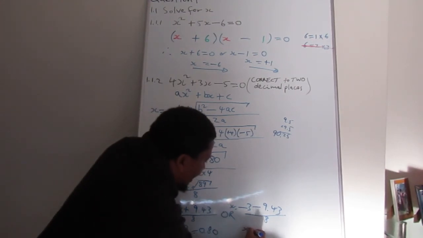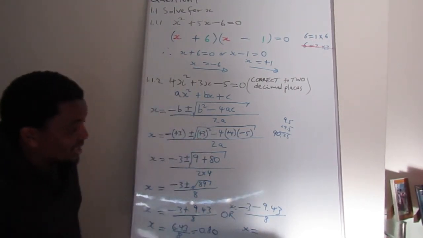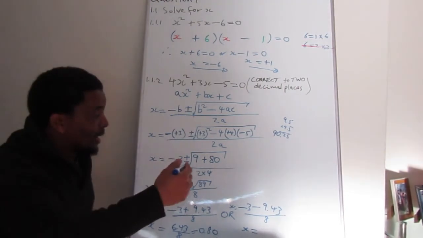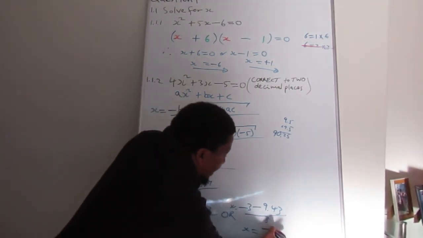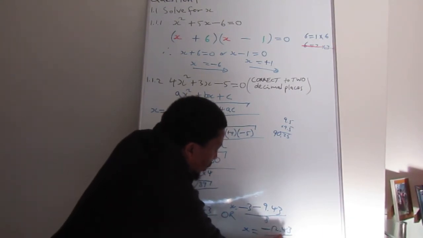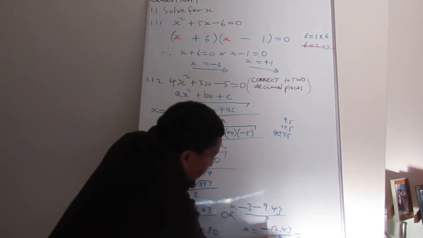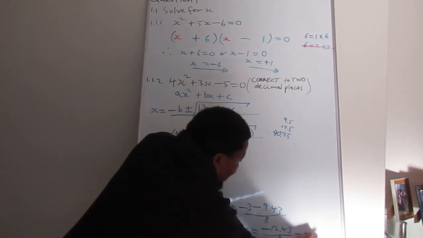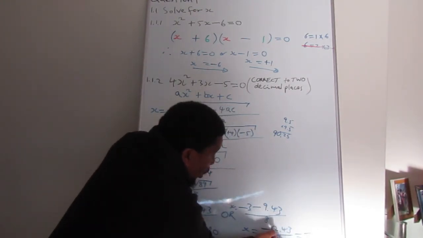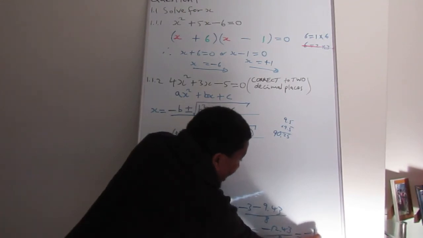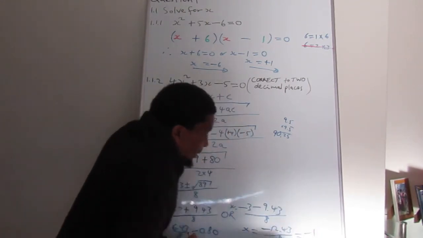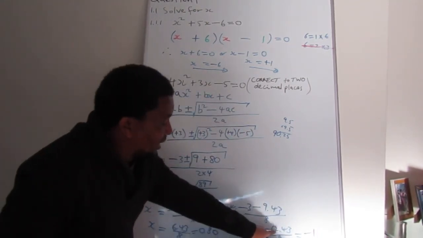Therefore that side, x is equal to minus 3 minus 9.43, which gives me minus 12.43, for example, all over 8. Positive, negative divided by positive is a negative. How many 8s go into 12? Once, point. The remainder there is 4.